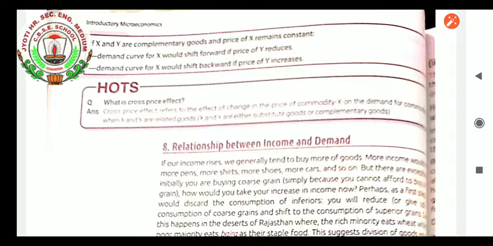For example, in the case of substitute goods, if the price of one good increases, the consumer will demand the other substitute good in place of the higher-priced good. Like tea will be consumed more if the coffee price increases. This is the result. It is known as the cross price effect. The tea price is constant, but its demand is increasing. Why?